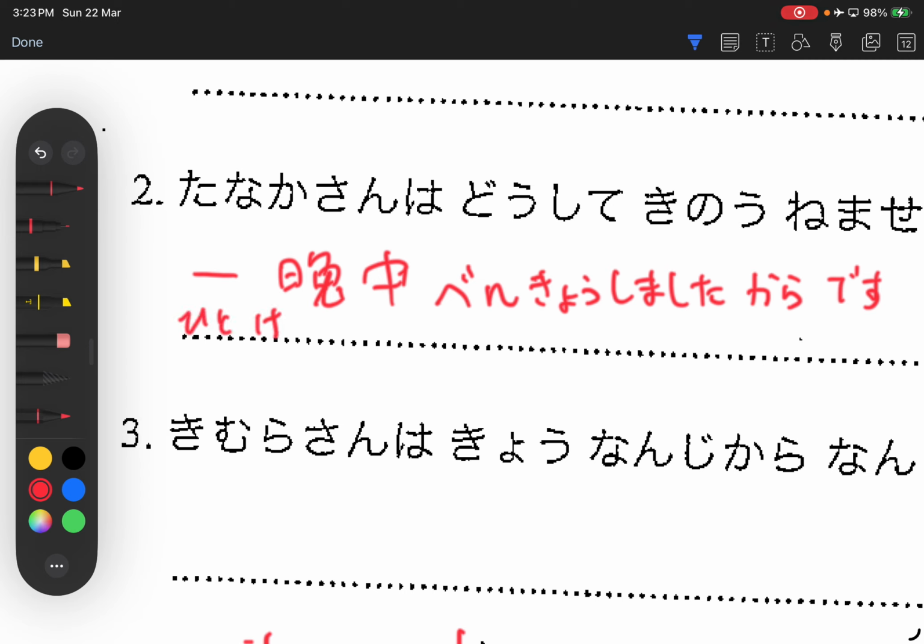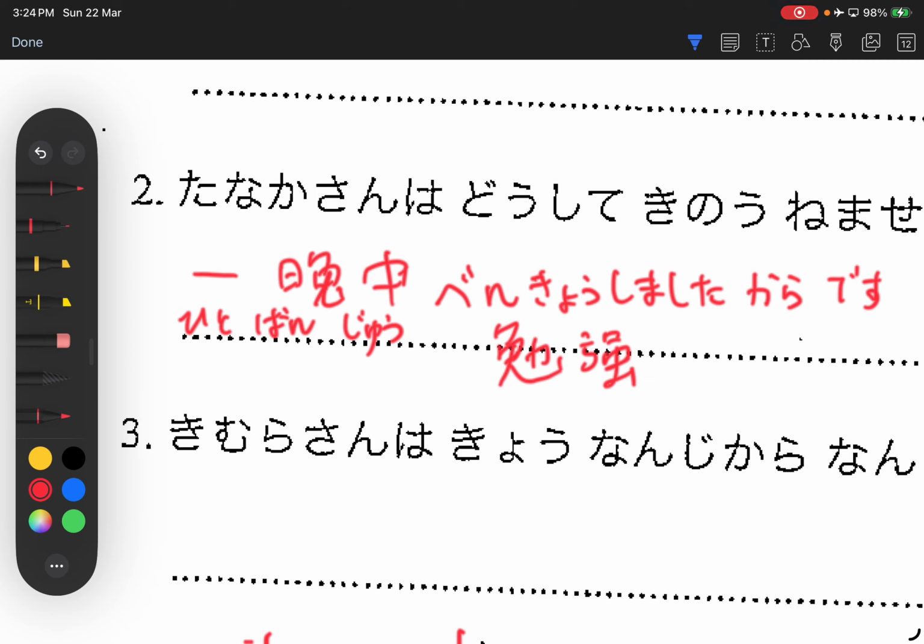I was just a bit lazy, sorry. 一晩中勉強しましたからです. If you want to write 勉強 in Chinese also can. It's just 勉强. I don't know why lah. Study is very hard. It's forced. Study in Japanese is 勉强 in Chinese. It's like, wow, need to force.